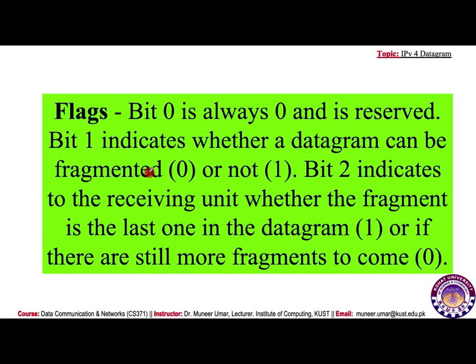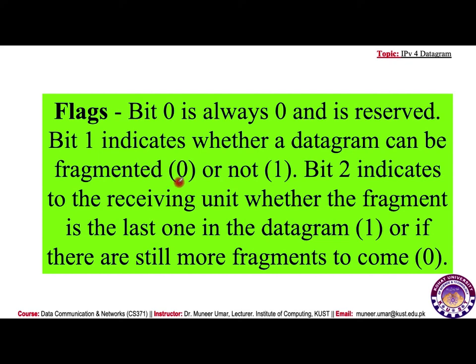We have 3 bits for flags. Bit 0 is always 0 and is reserved. Bit 1 indicates whether a datagram can be fragmented or not. So the first bit would be 0, then the second bit would be either 0 or 1.